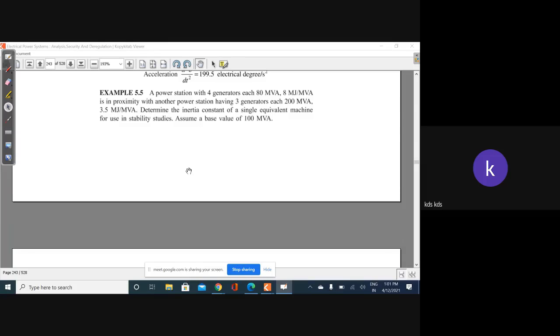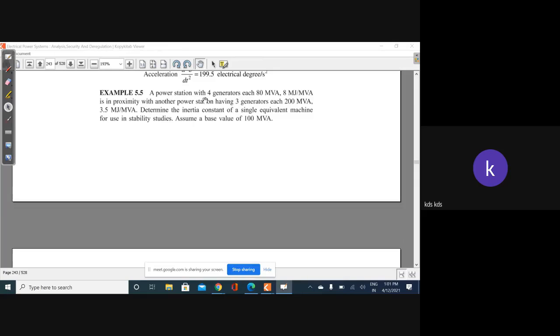We need to say that all the generators are swinging, meaning they exhibit some characteristics of the swing curve, but they maintain synchronism with each other. So let us consider this example.